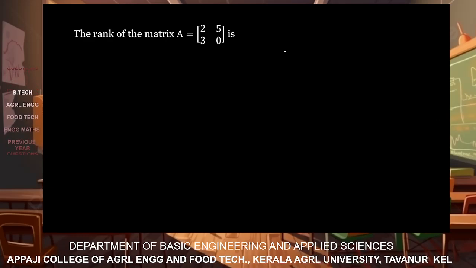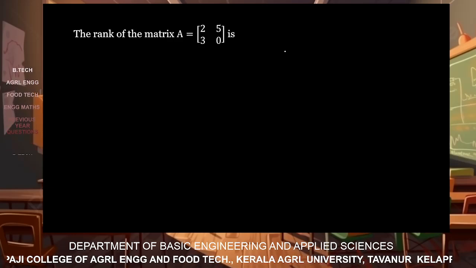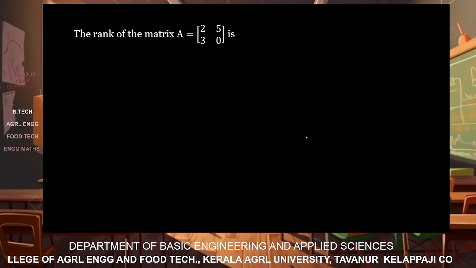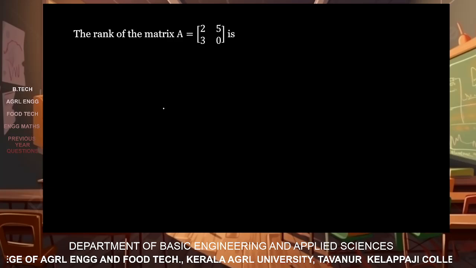Here again we are discussing the rank of the matrix A. First of all, what do we mean by the rank of a matrix? There are different ways to define rank of a matrix.